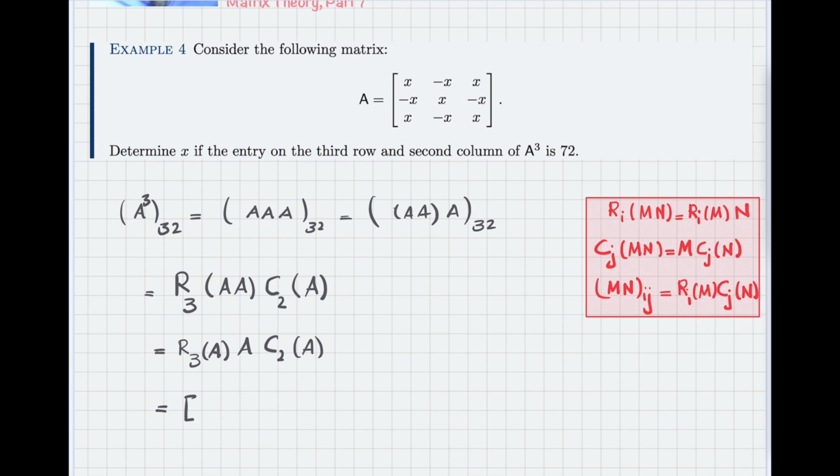So x, minus x, and x, and I have to multiply it by the whole matrix A, which is x, minus x, x, and then I have to multiply it by the second column of matrix A. But if you see what the second column is, it is easy to read it from the matrix itself.